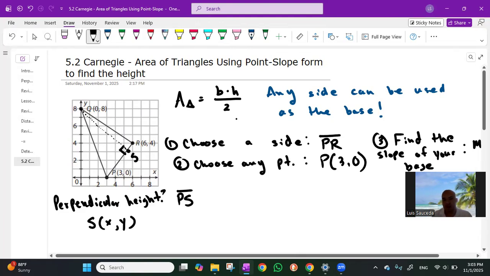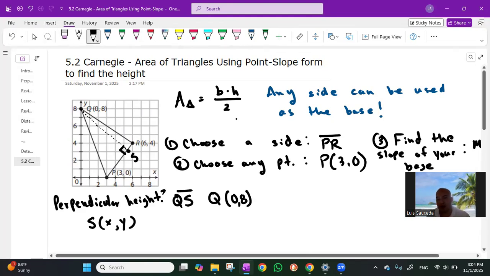From Q to S, we know only point Q. We don't know any point within the segment or even where S is. So in this case, we're going to use point Q, which is (0, 8).